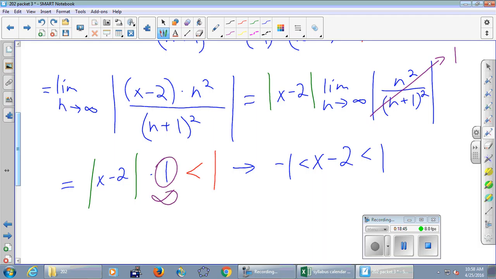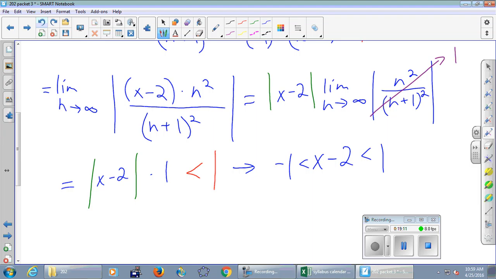But if that limit turned out to be infinity, then there's no way to pick an x that's going to make the thing less than 1. Actually, there is one number you could pick. In this case, x equals 2 is the only number that we could pick. But as long as we get something not infinity, then yeah, you're right, Ben. We'll find x's that make the series converge.